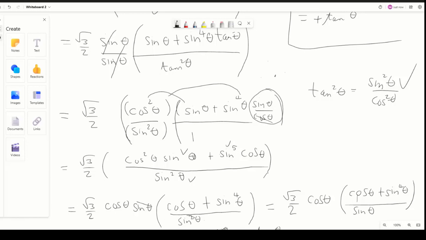So what I did here, the step before that, I realized that sine comes up and cos comes up in the numerator. I took it out, sine theta, cos theta, because I'm aiming at the right-hand side. I took it out, and then I'm left with cos theta when it goes in there, sine is canceling that one. And then here, I took out the sine, so I'm left with sine to the 4, and I took out the cosine. And in the denominator, I cancel the sine with the sine squared there, and I'm left with that. And there's the answer that you want, guys.